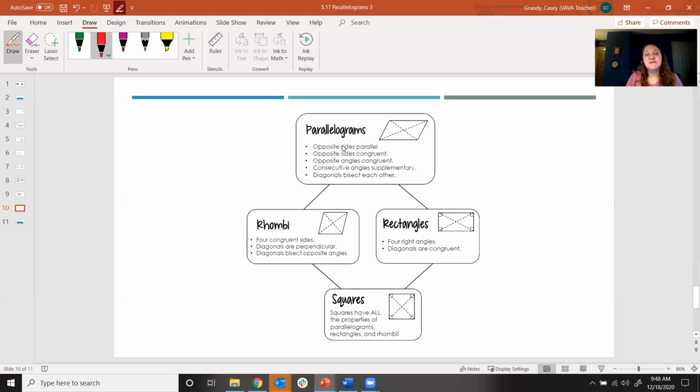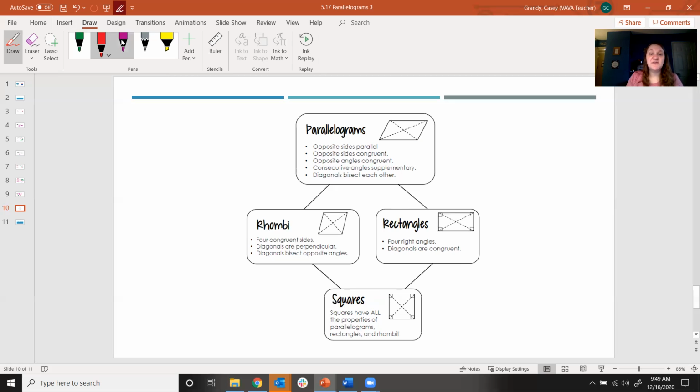So all rhombuses are parallelograms. All rectangles are parallelograms, but not the other way around. I cannot say that all parallelograms are rhombi, and I cannot say all parallelograms are rectangles. So this only works going down, but not going back up. All squares are rhombuses, all squares are rectangles, all squares are parallelograms.